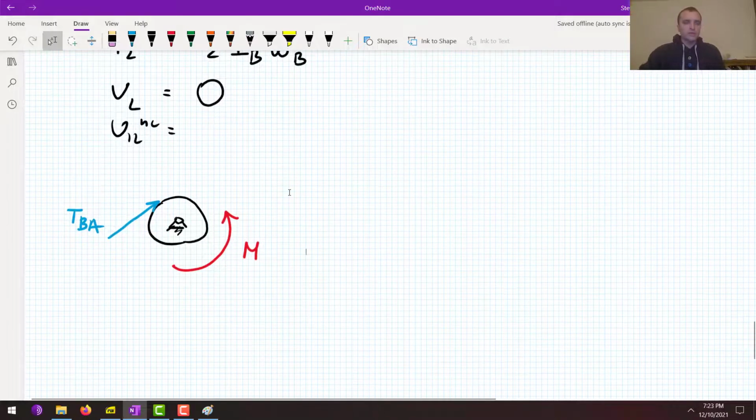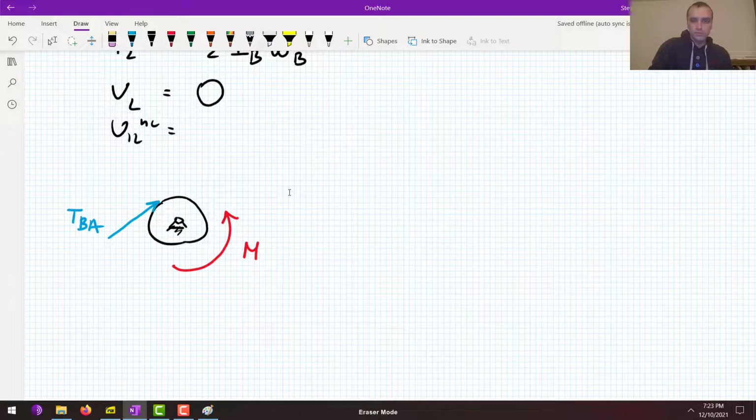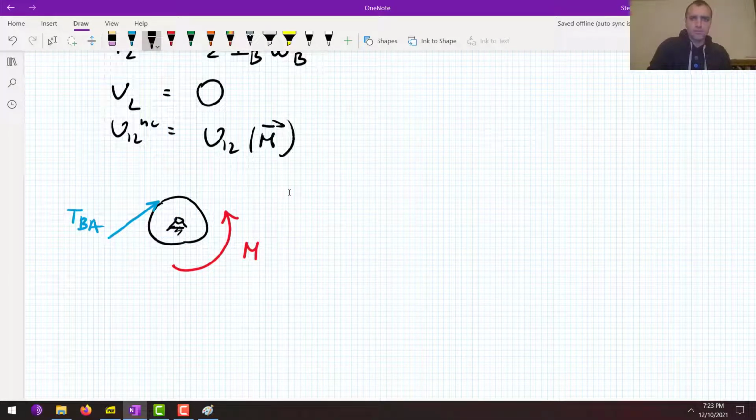Of course, again, there is a force at pin B, but it does not do any work. So there are only two forces that do any work. So it will be again U12 of M plus U12 of T_BA.